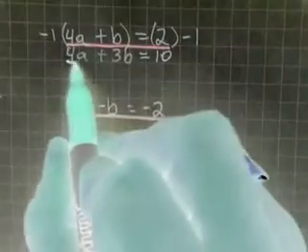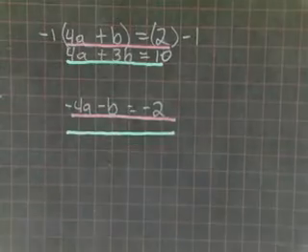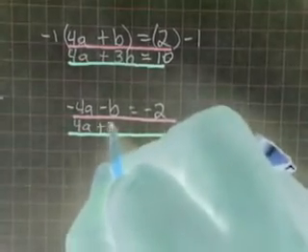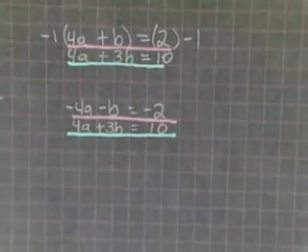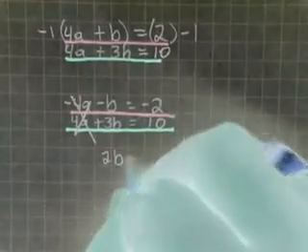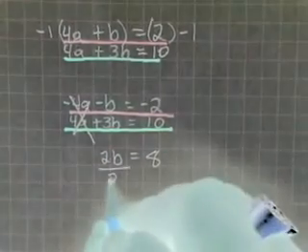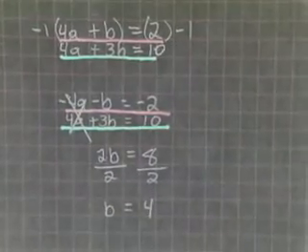This equation right here and this equation that I'm going to rewrite right here are the same. So I've still got those same equations. 4a plus 3b equals 10. Now, everything's lined up. Something will cancel. And I end up with 2b equals 8. Divide both sides by 2. And I get b equals 4.